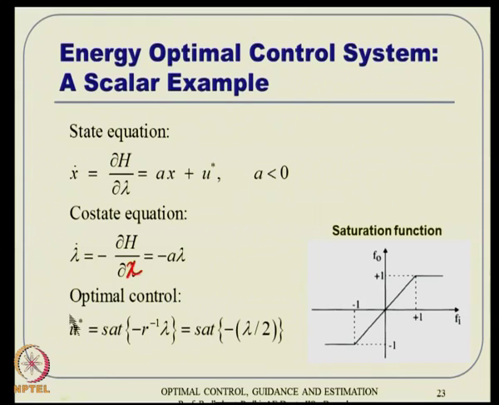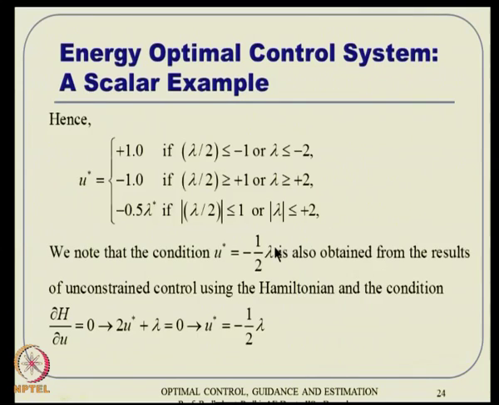So, optimal control we already derived, that has to be a saturation function of minus R inverse B transpose lambda, B is not there, B is 1. So, that is not written here. So, minus R inverse lambda, that means R is nothing but 2. So, R inverse is half actually. So, saturation function is nothing but negative of lambda by 2 basically, and saturation function is defined this way again.